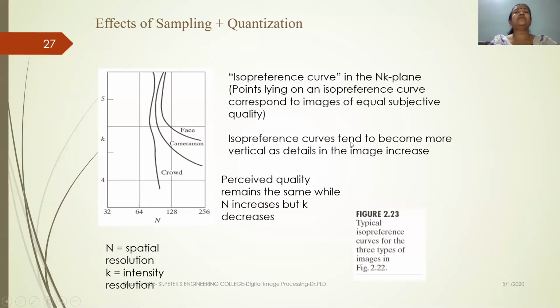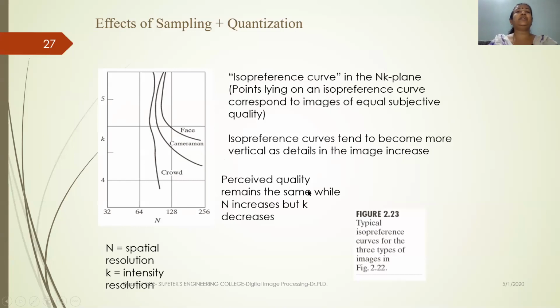So isopreference curves tend to become more vertical as details in the image increase. This is the conclusion statement for isopreference curves. Details in the image increasing means high level details appear, and automatically that curve appears more vertical. That's the meaning.